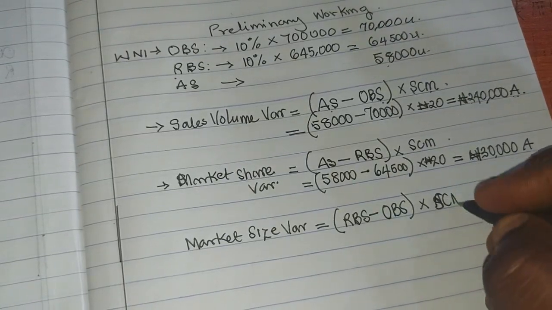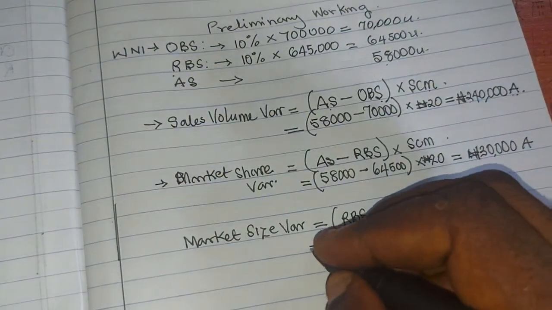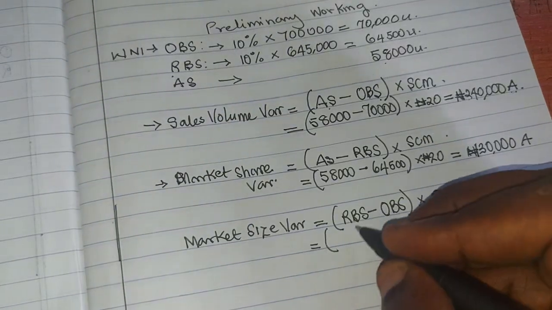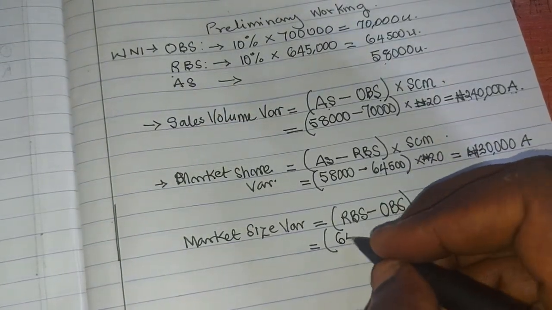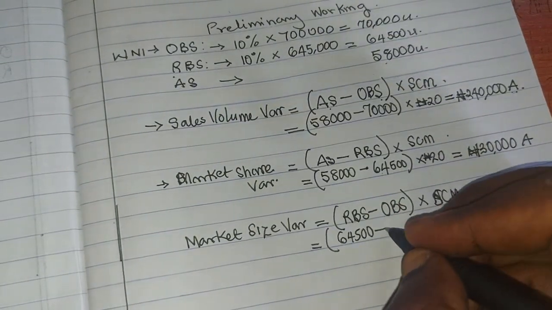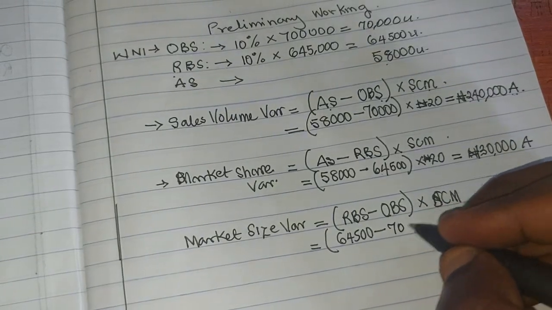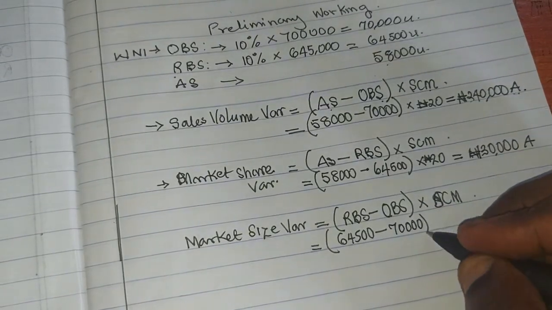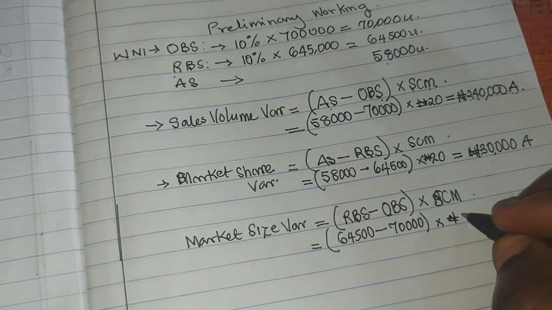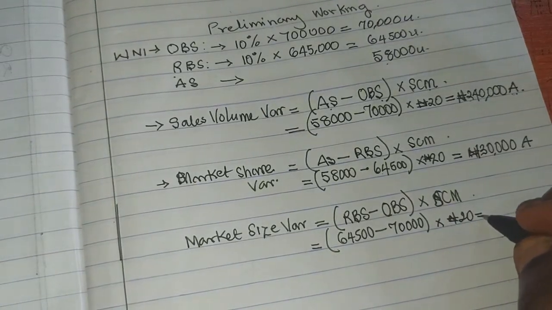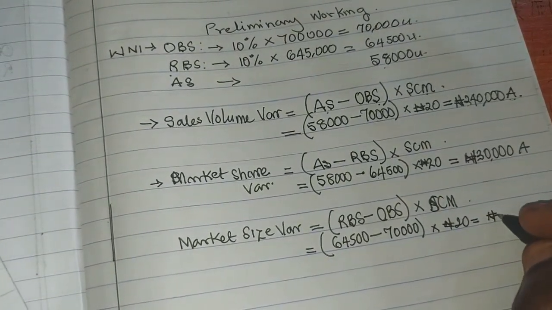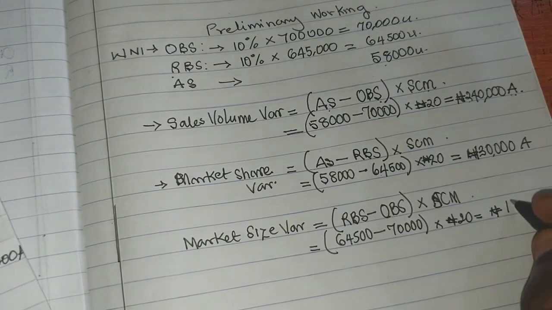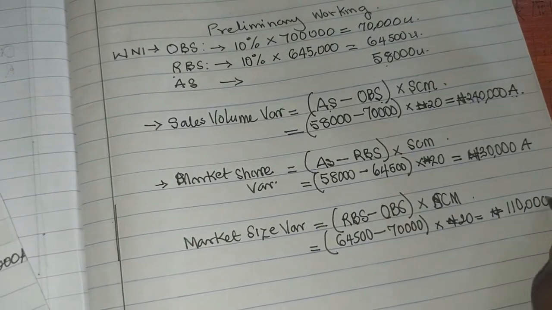Our revised budgeted sales is 64,500 minus the original budgeted sales of 70,000, multiplied by 20 naira, and this will give you 110,000 naira adverse.